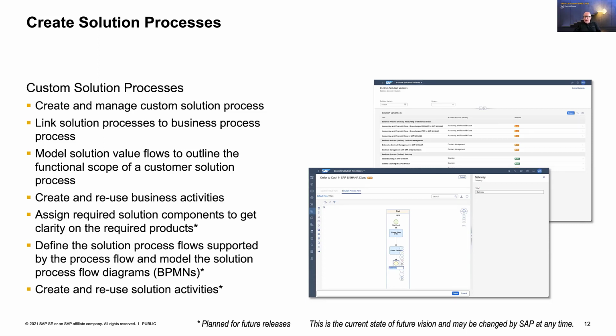And then the question is always, how can I make clear what is the functional scope covered by the solution process? It makes a lot of sense to not just have the solution process flows that order the different concrete activities you perform in the systems, but to also give a high-level picture of what the scope is.